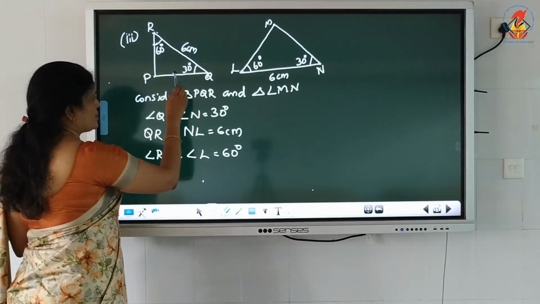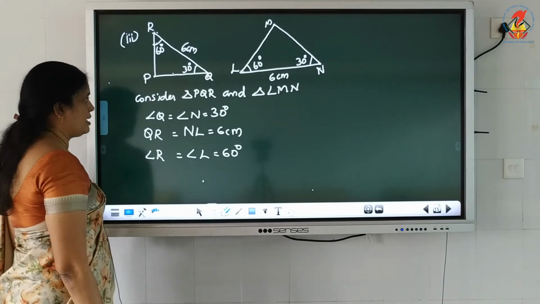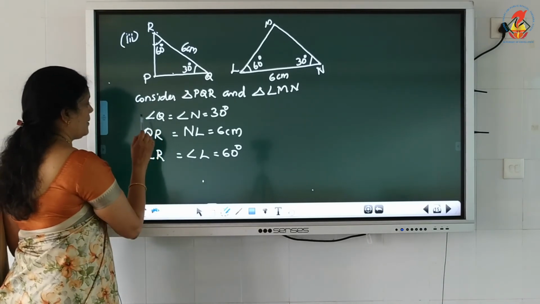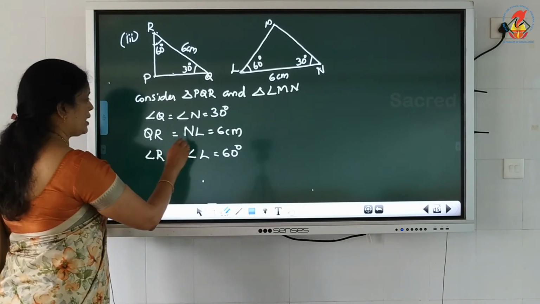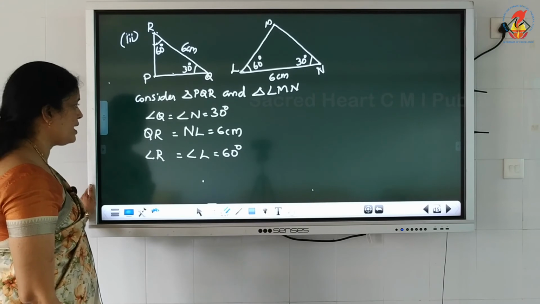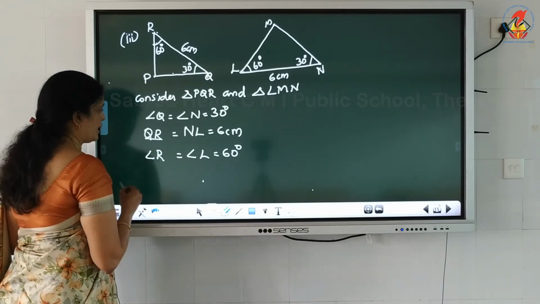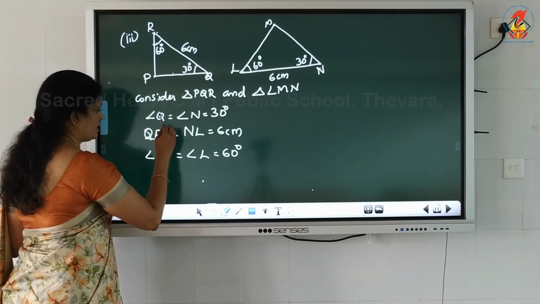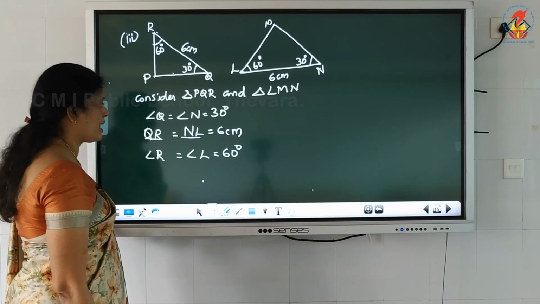First angle Q equal to angle N equal to 30 degree. The side QR is the included side of angle Q and angle R. NL is the common side of angle L and angle N.